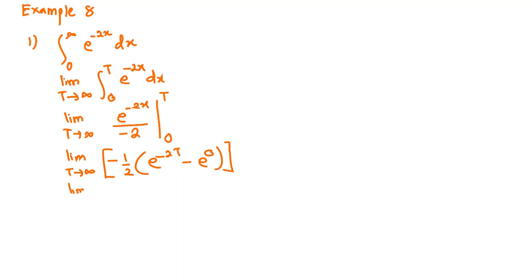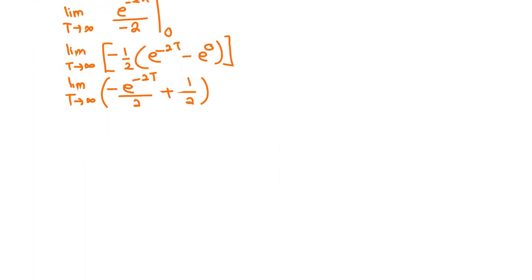So we get negative e to the negative 2t divided by 2, and then plus e to the power of 0, which is 1, so 1 over 2. Now we substitute the limit. Substituting infinity, we get minus e to the negative 2 infinity divided by 2 plus 1 over 2.